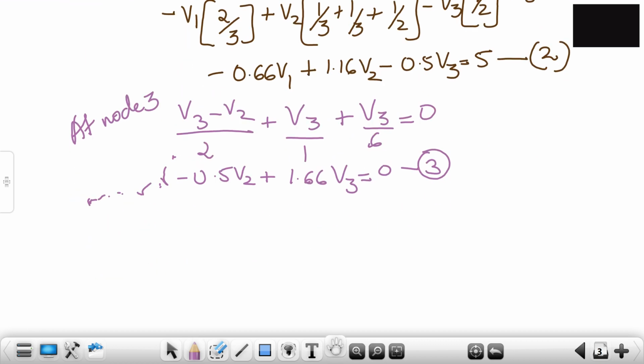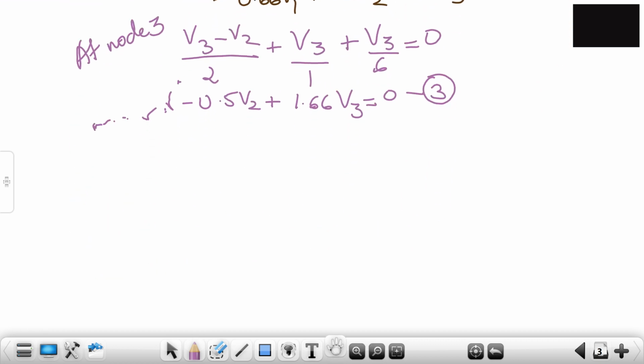Let's solve all these three equations using Cramer's rule.